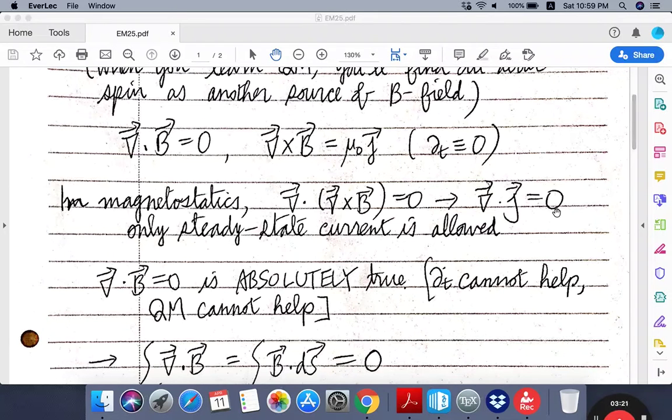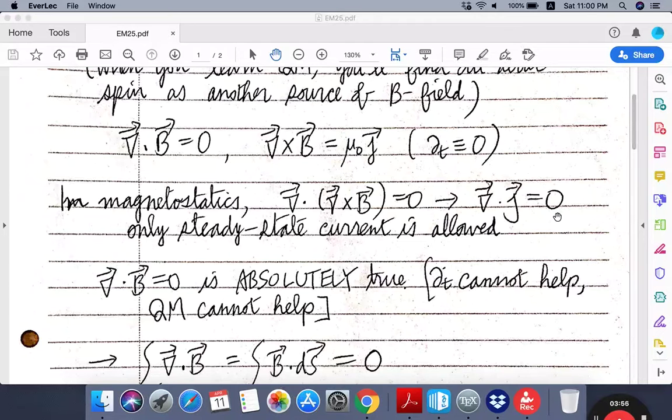So it's a divergence-free condition, and of course we're very familiar with this relation, because this is the kind of relation that obtains when you have time independence in the continuity equation. So what that implies is that in the situation for magnetostatics, only the steady state current is allowed.